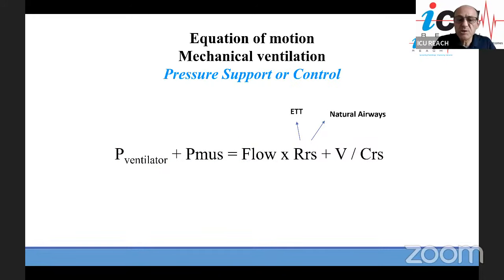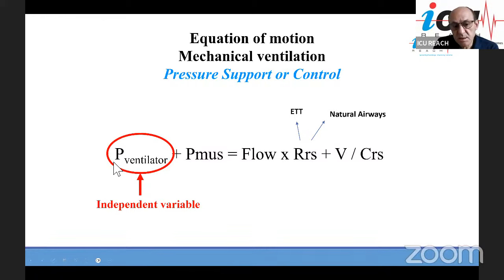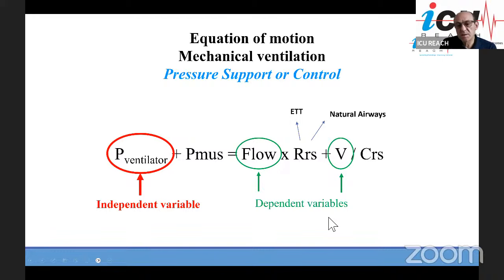Now, in pressure modes, whether it is pressure support or pressure control, what we set on the ventilator is the pressure. So that is the independent variable. It is set on the ventilator. And then the flow and the volume will be dependent variables. And what are they dependent on? They are dependent on the resistance and the compliance.